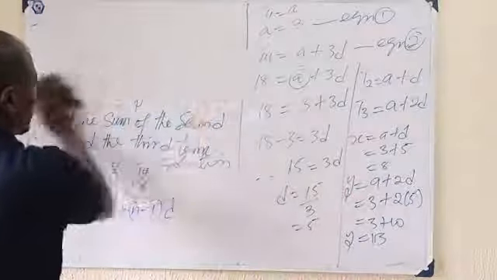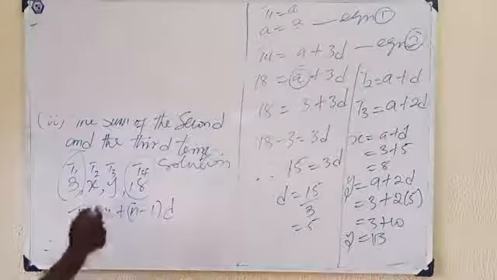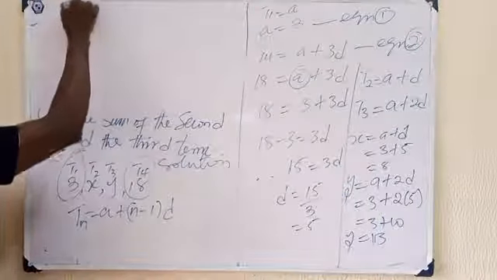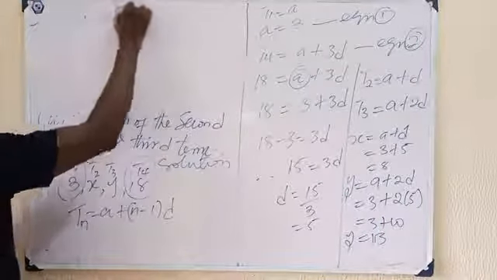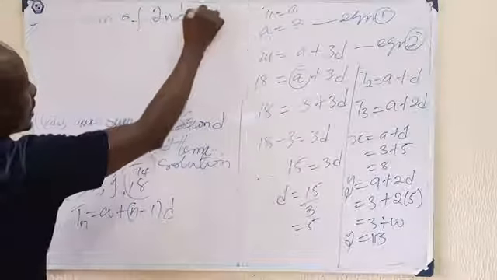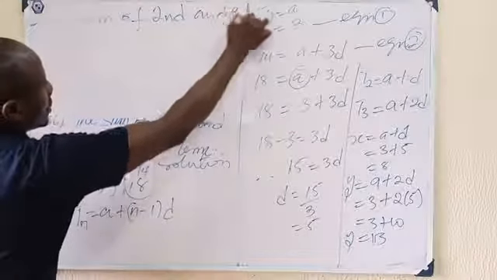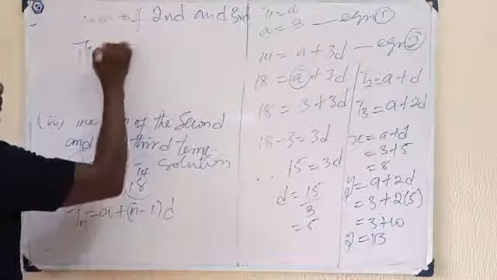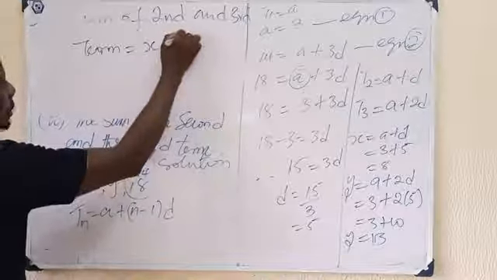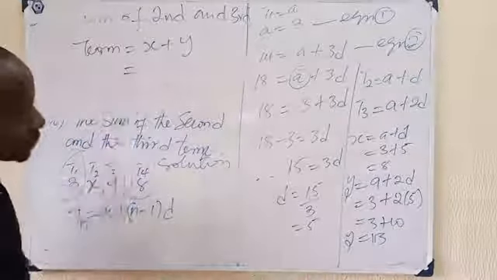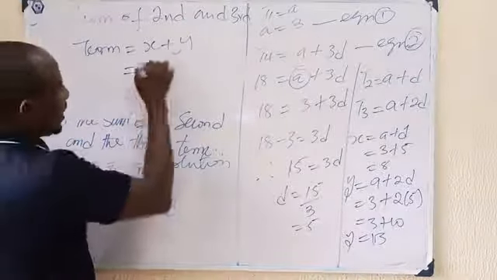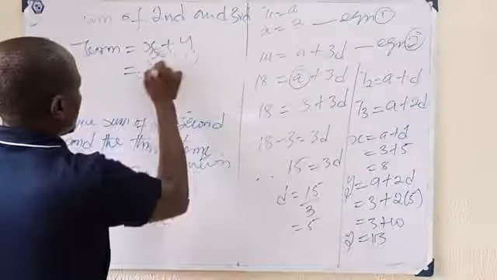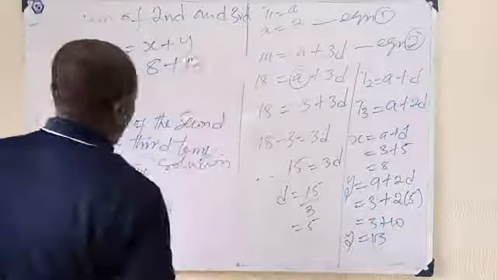The sum of the second and third term is equal to x plus y, which is equal to 8 plus 13.